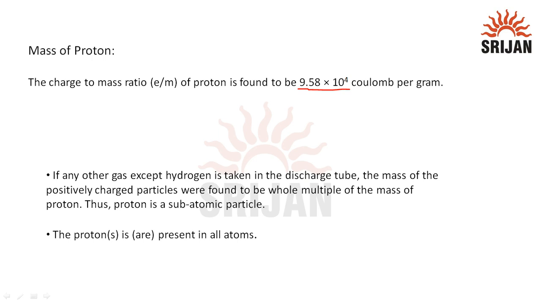We will denote it by MP, mass of proton, which equals 1.6 times 10 to the power minus 19 coulomb, that is the charge of proton, upon the ratio, that is 9.58 times 10 to the power 4 coulomb per gram.